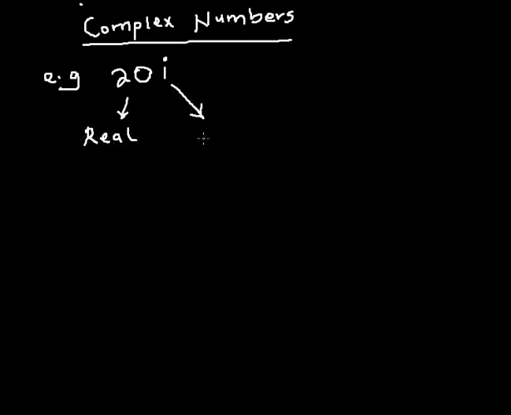So x is equal to 4. And at the same time, the imaginary part, yi, is equal to 2i, in which i is a common factor at both sides of the equation to cancel out. So that gives me y equal to 2. So this can actually help us to solve equations of complex numbers.